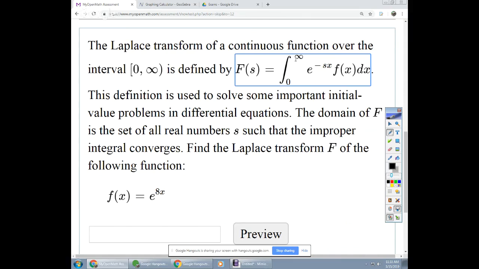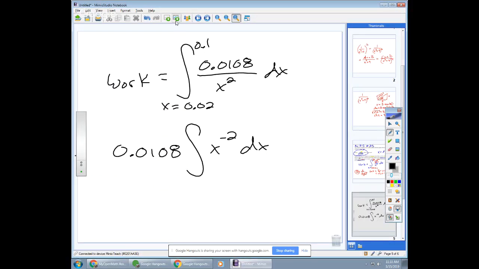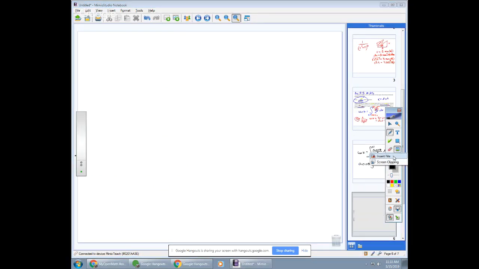The interesting thing about a Laplace transform is that it is an improper integral, which means a limit is involved in taking it. So we want to do that here for the function f of x equals e to the 8x. It's easier than it looks. Just plug in and see what happens.